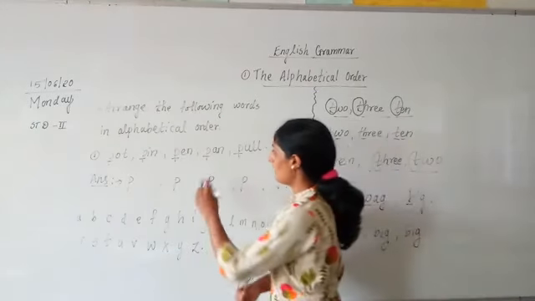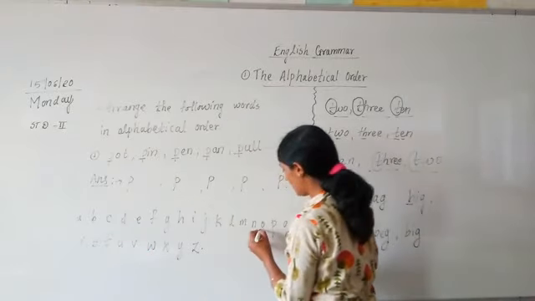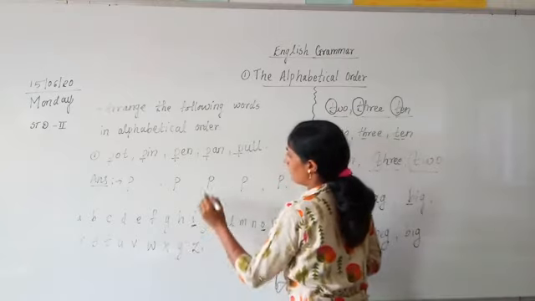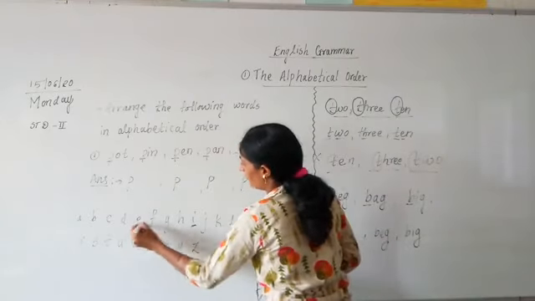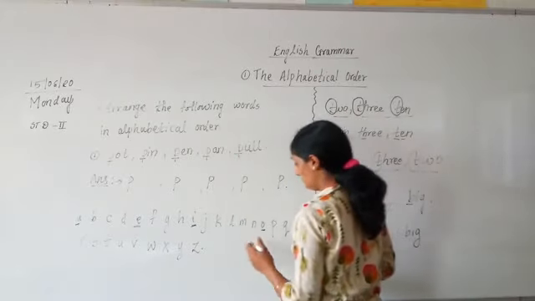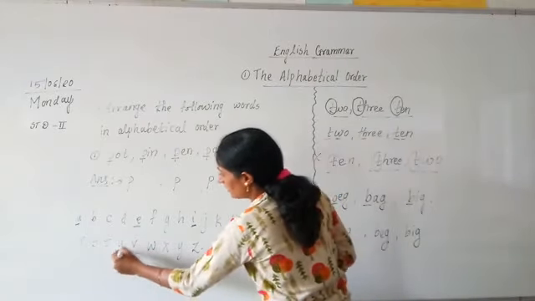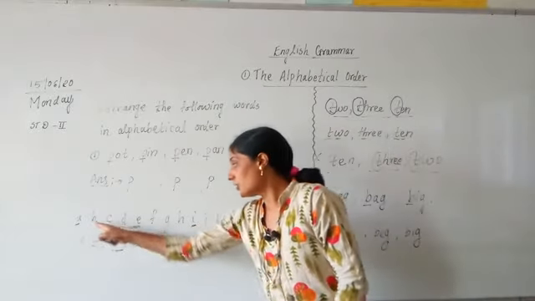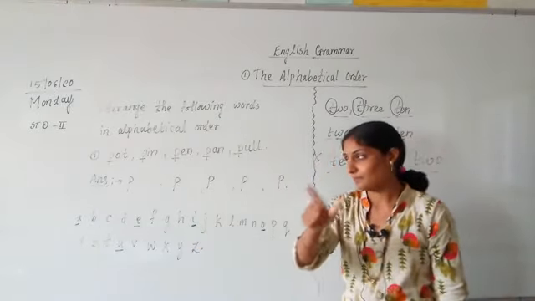Now, which are those? Second O. Next one is I, E, A, and U. U is right here. Now, in alphabetical order, which letter is coming first?